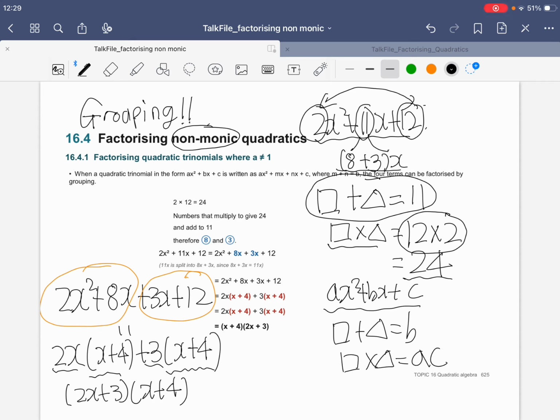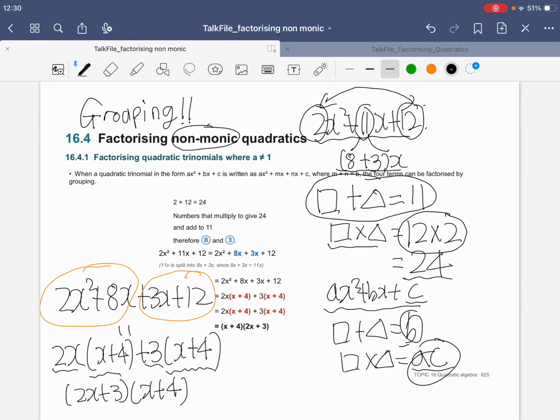So it makes sense. In monic quadratics, we just found the pair of numbers that add up to b and multiply to c, because back then a equaled 1, so it was only c. But now we want to find the pair of numbers for b and ac. So that's the difference.